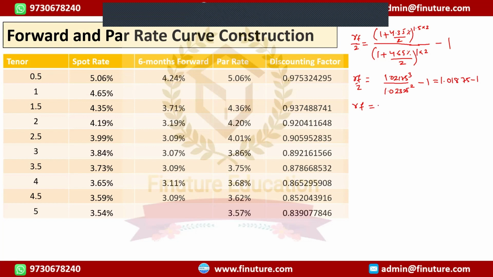It's around 3.75%. Let me just have a look if this looks correct, because I see 3.71 and 4.24. Yeah, it's correct. If you notice from 4.25, it's downward sloping, so it's fine.